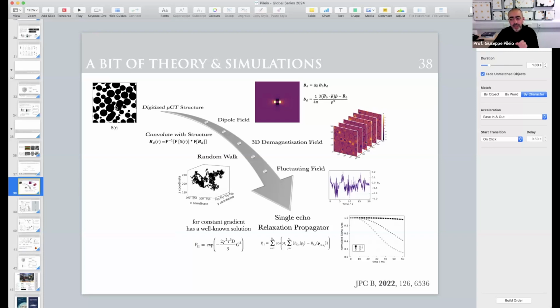So every 3 microns in the micro CT we know the field at that point. 3 microns is small compared to the size of the pores, which are usually of the order of 200 microns up to 1 millimeter in our samples.